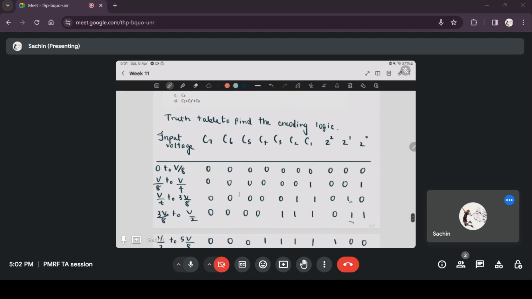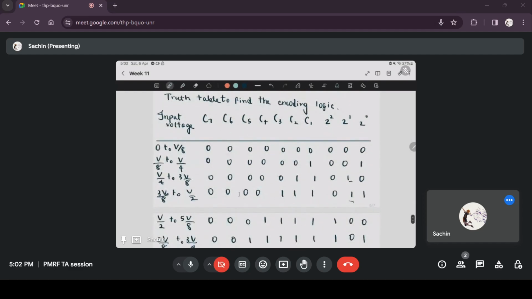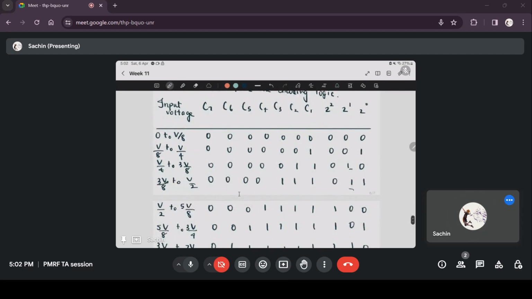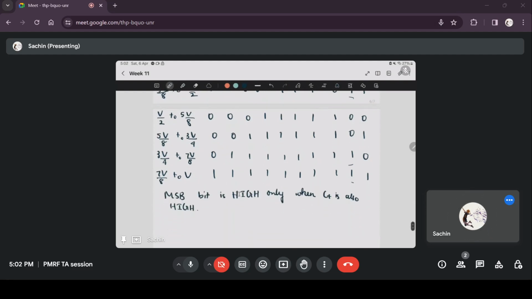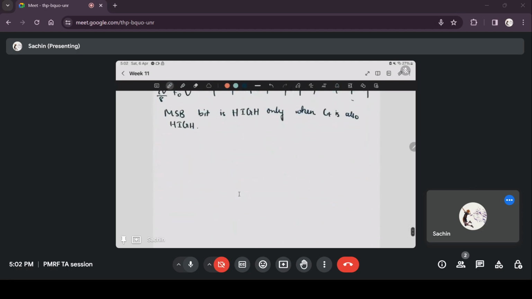It's very simple and fast, so we call it a flash converter, but the number of comparators increases exponentially with n. So if you have too many bits, you need a very large circuitry, so it's not that good.